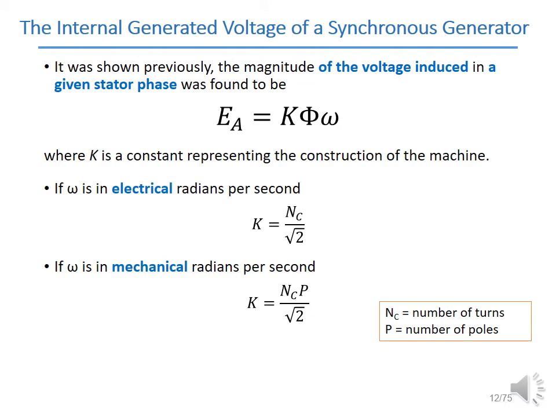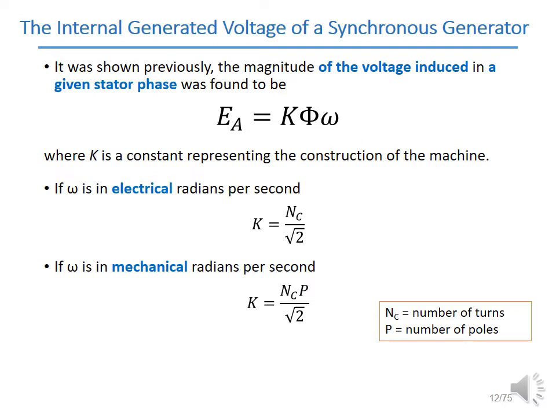For the internal generated voltage of the synchronous generator, we found already that the EA, which is the voltage induced in a given stator phase, is equal to K flux omega, where K is a constant representing the construction of the machine, phi is the flux in the system, and omega is the speed of the generator.